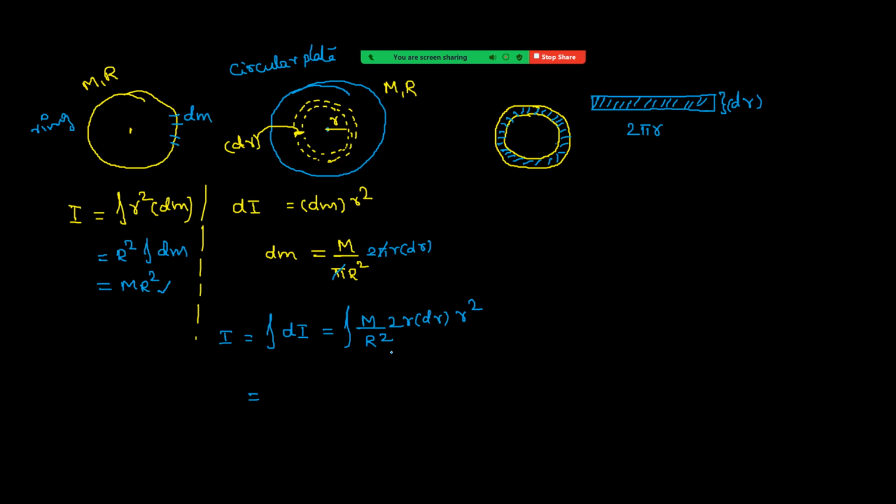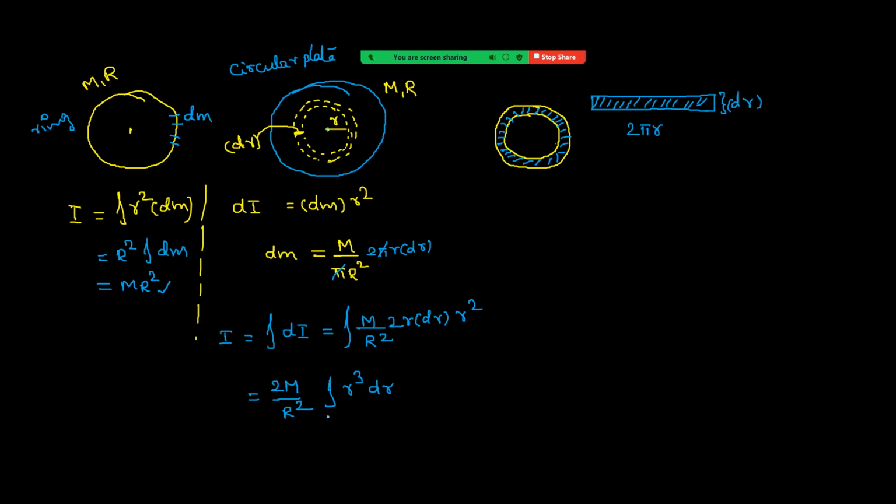So take constants outside. Constants: 2 capital M upon R square. Remaining r square times r gives r cube, so the integration of r cube dr.